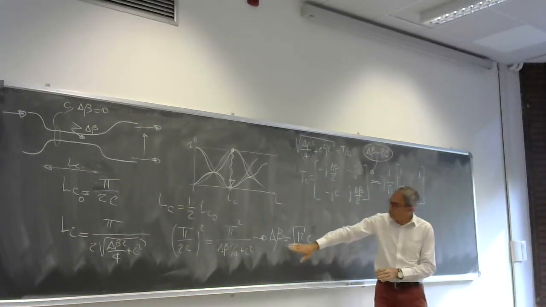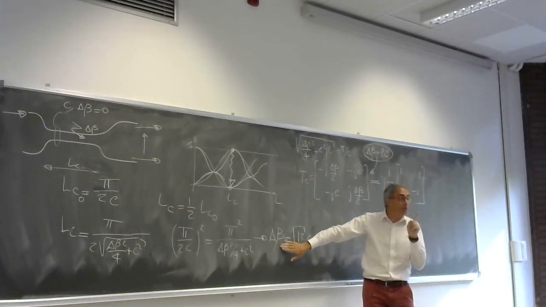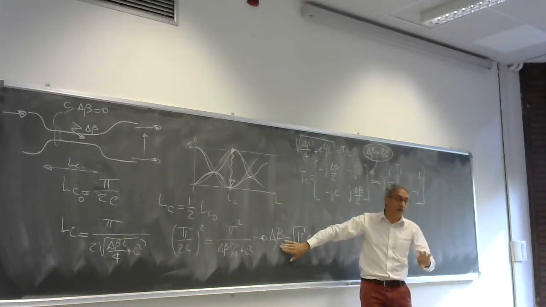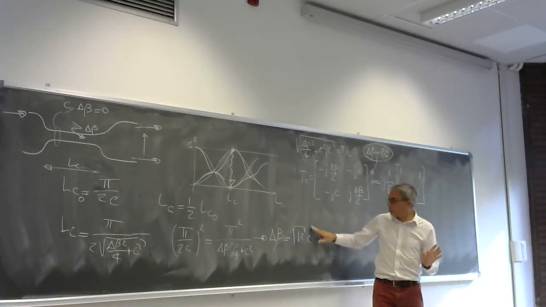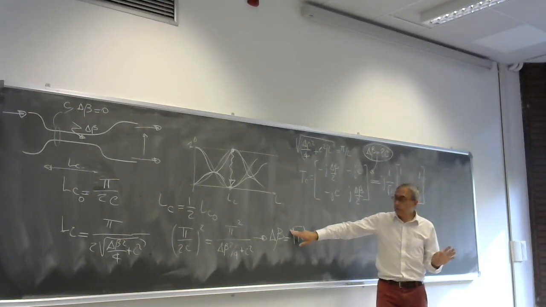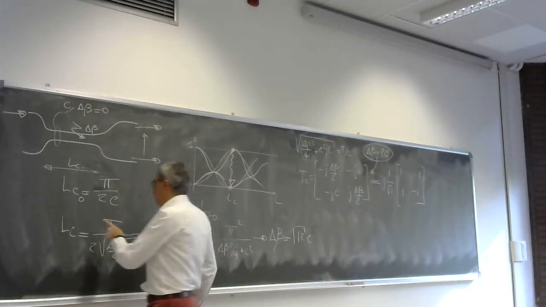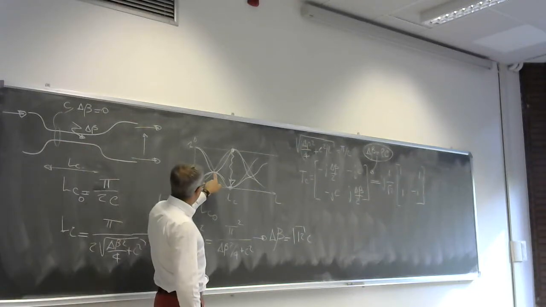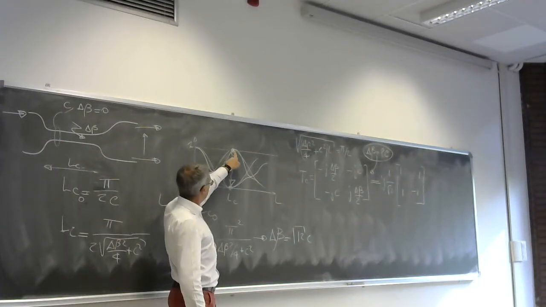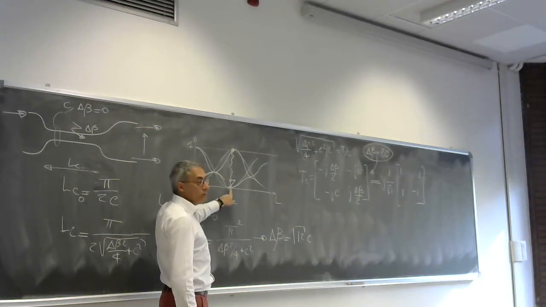So you have to perturb only one of the waveguides, because you want to move from the synchronous to the asynchronous. So you perturb only one waveguide by this quantity in order to divide by 2 the original coupling length and move from cross to this condition.